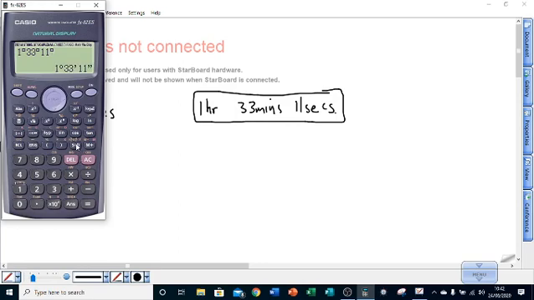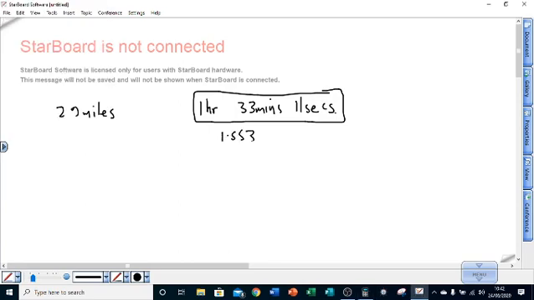Oh, I pressed that again, sorry, there we go. I don't know why it didn't work then. The SD didn't work, so just press that again, and it converts it to a decimal. So roughly it is 1.553... hours. That's what that is equivalent to. So the speed, as you know from your triangle, is distance over time. The distance I've got is equal to 29 miles.